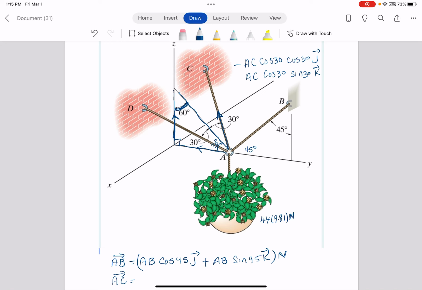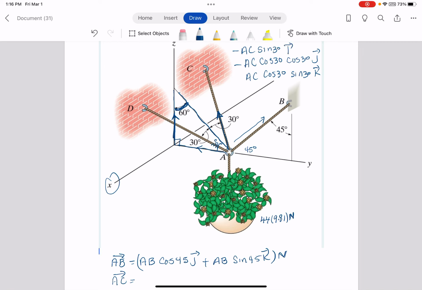How about the x? If cosine 30 is going to make it in the yz, sine 30 is going to make it in the x. So you could look at it. This is the positive x. If it is tension like that, sine 30 is going to make it in the negative x. So negative AC sine 30 in the negative x.